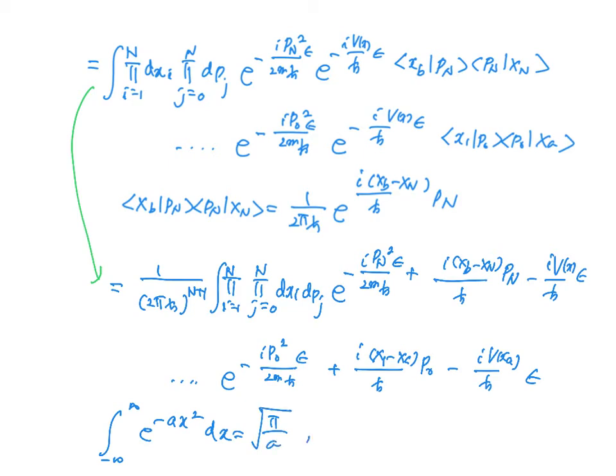Then what would be the value of the integral of exponential minus i a y squared dy? We can start with the integral of exponential minus i a y squared, with y equal to exponential i pi over 4 times y prime.